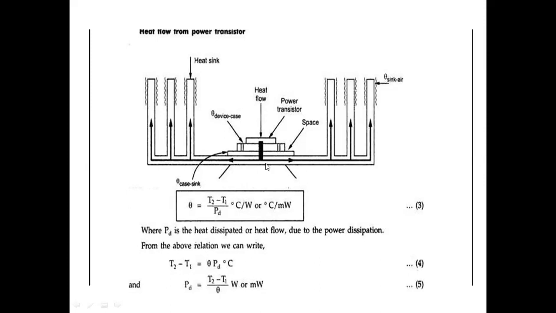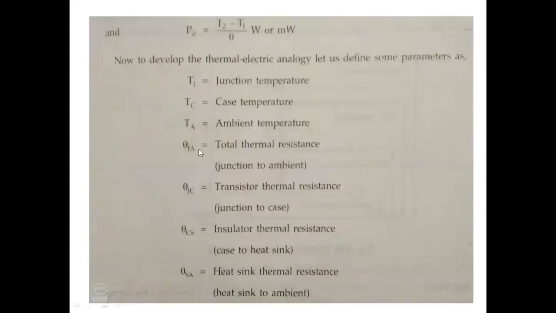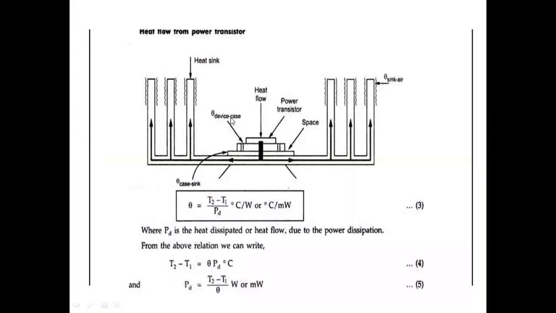These terminals have some heat which is developed due to the power transistor, and in the power transistor that heat will be delivered to the outside by the use of these terminals. And these theta Ja, theta Jc, theta Cs, theta Sa represent the thermal resistances.